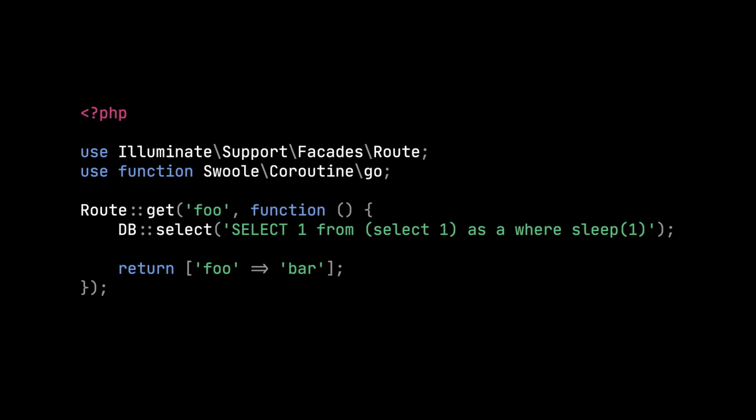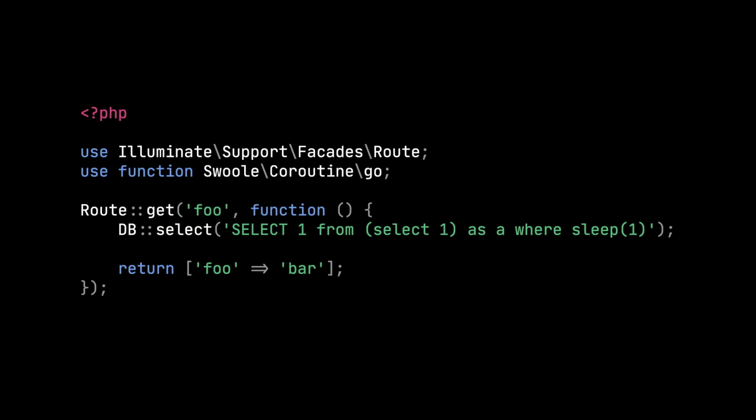If I were to execute this, even with Octane, it would still be blocking. And maybe that's not intuitive because you think that with those runtimes, you're getting non-blocking I/O for free. That's not always true. So if you execute this, it is still going to be blocking, even if it's inside a coroutine, because the underlying function call is blocking.